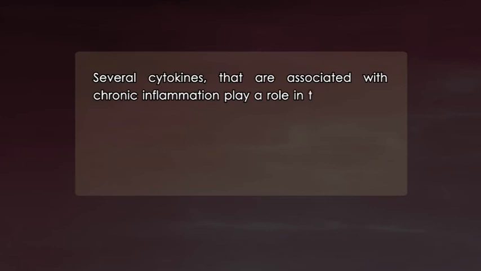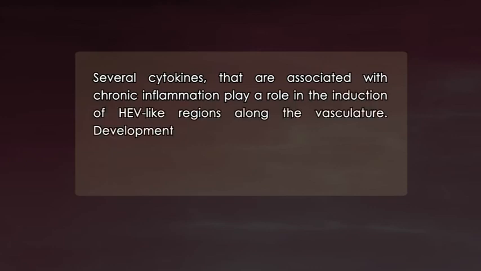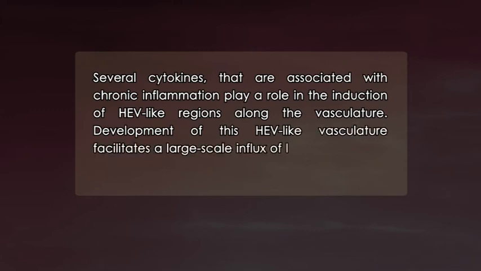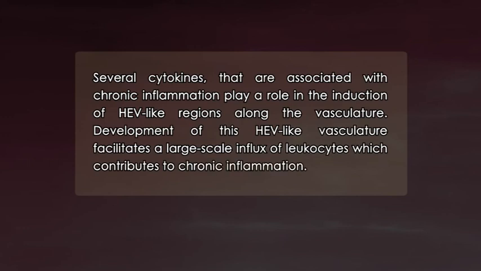These HEV-like regions express several mucins that are often displayed on normal HEVs. Several cytokines that are associated with chronic inflammation play a role in the induction of HEV-like regions along the vasculature. Development of this HEV-like vasculature facilitates a large-scale influx of leukocytes which contributes to chronic inflammation.